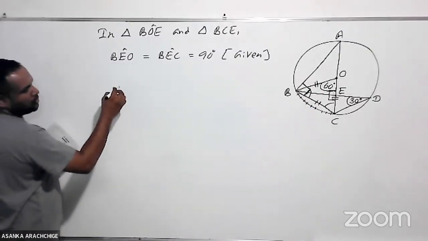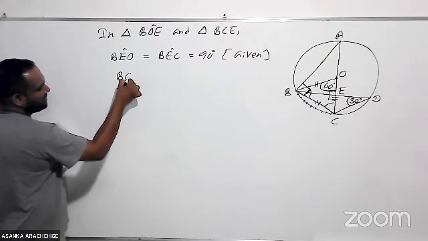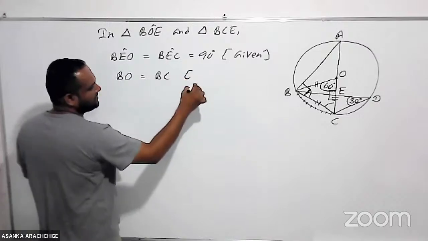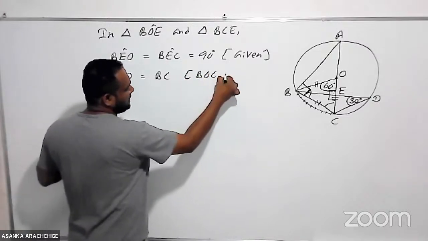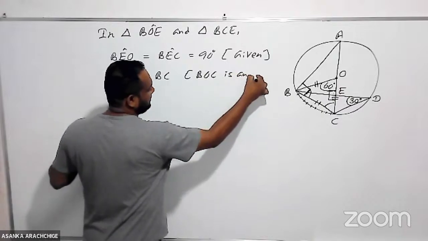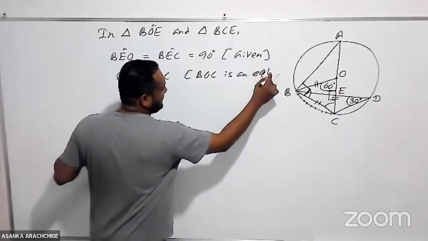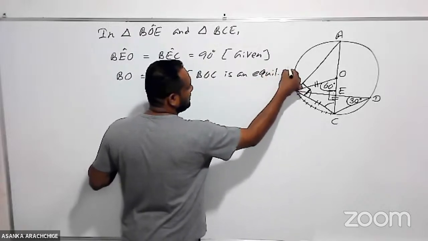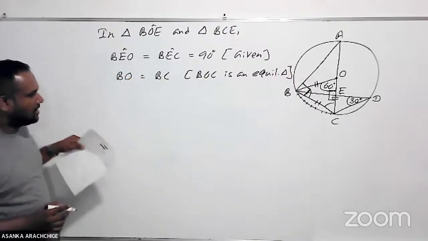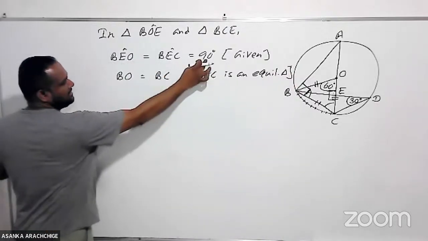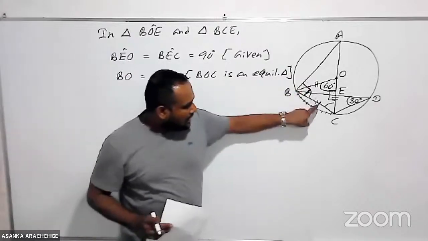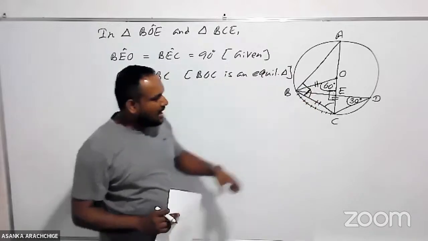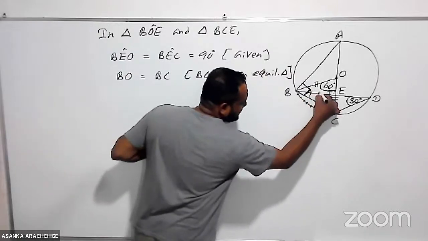You can say that BO is equal to BC. Reason: BOC is an equilateral triangle. Clear? Then right angle, both are hypotenuses in these two triangles, no? Then RH. This is the common side.